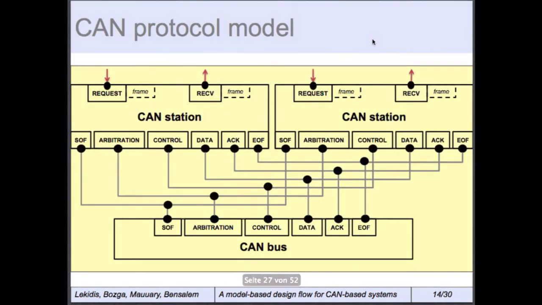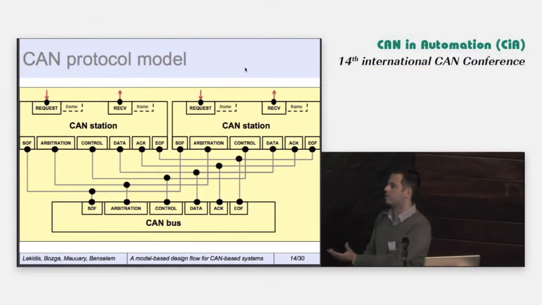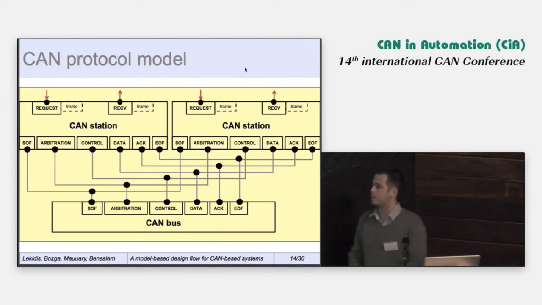To move in more detail about what is really happening, you can have different CAN stations which can receive requests from the application layer and accordingly interact with the bus in order to send each frame field, and upon the reception the CAN bus will broadcast to all the CAN stations, and this is a two-step process.